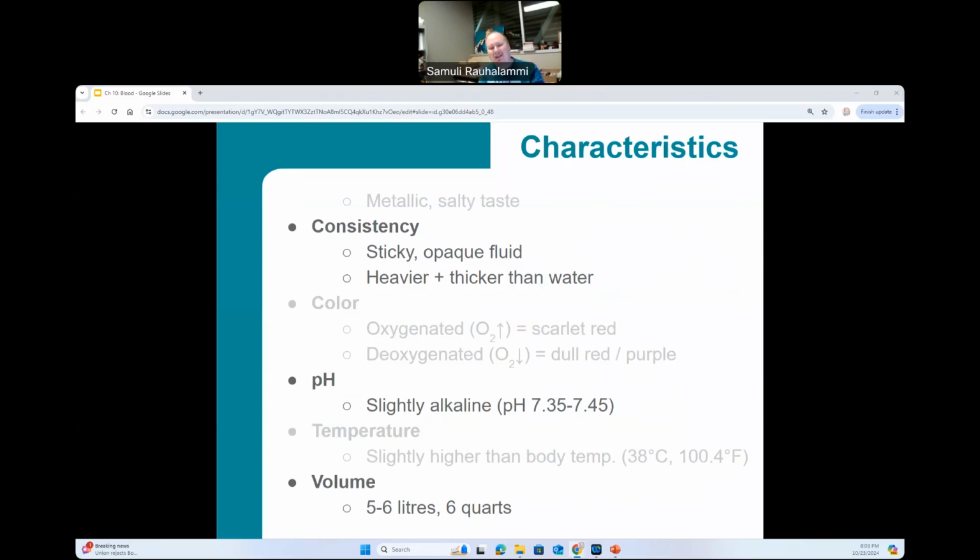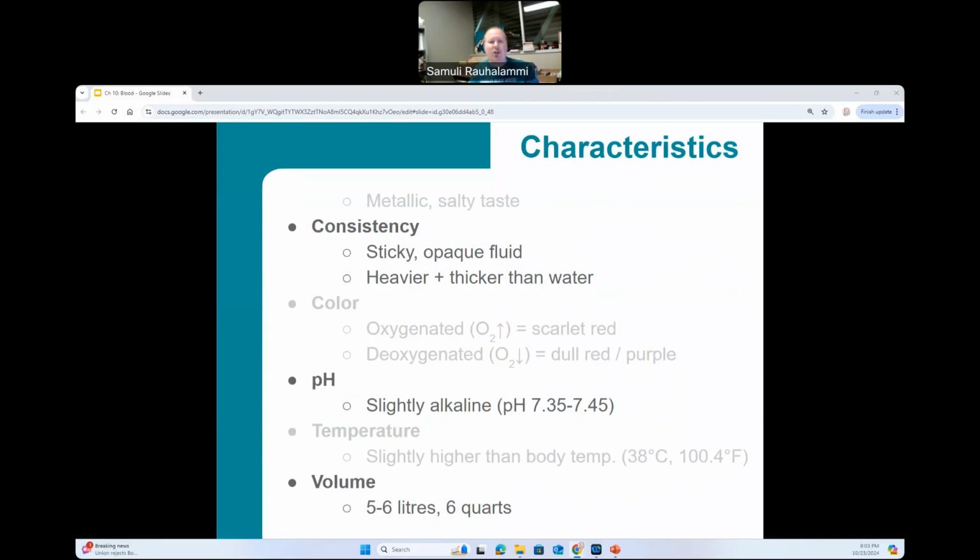We use blood to move heat around the body. And as we already saw, there are about 5 to 6 liters, or 6 quarts, of blood in an average sized adult, and this represents about 8% of the body weight. And like I said, it's less than many people often think.